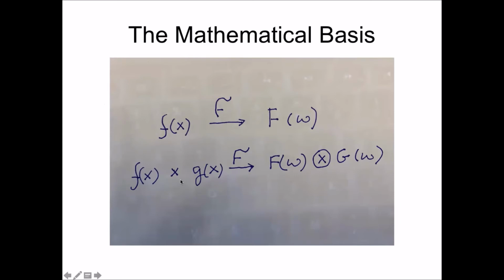Now what happens is that you can take this object in the spatial domain, and let us say you multiply it by putting together with it another distribution of light. You multiply that distribution, g of x, with f of x.